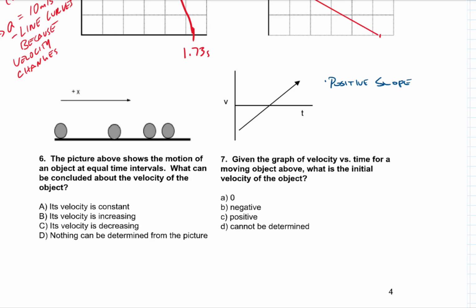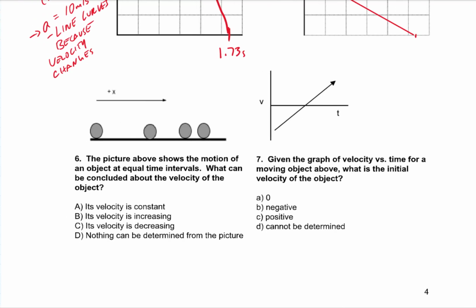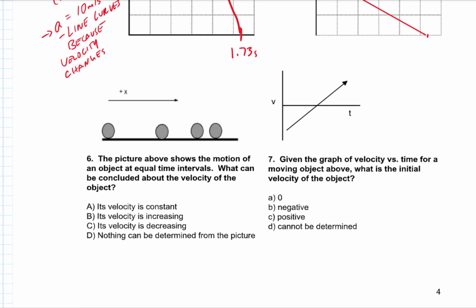So looking at 6 and 7, sorry about that. So looking at 6, this picture shows the motion of an object at equal time intervals. What can we say about the motion of this object?